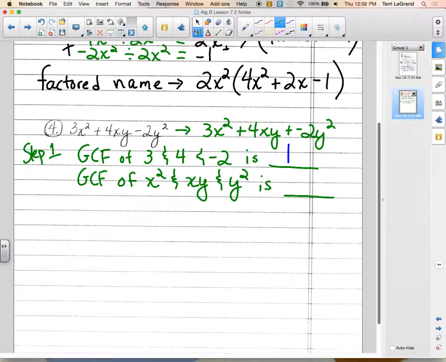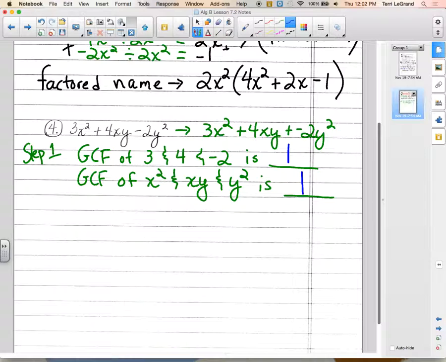So, do all three of them have x's? Then can we have an x in our GCF? Okay. Do all three of them have y's? No. Then can we have a y in our GCF? Okay, so what's the GCF? 1. It's 1 again.